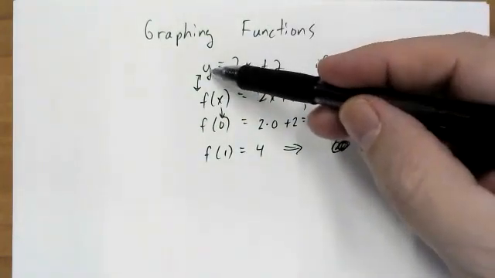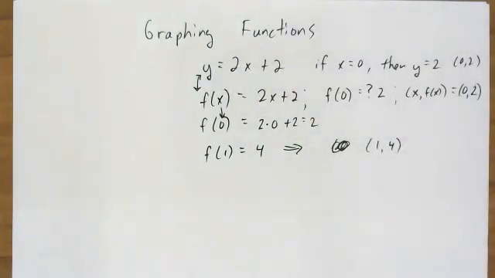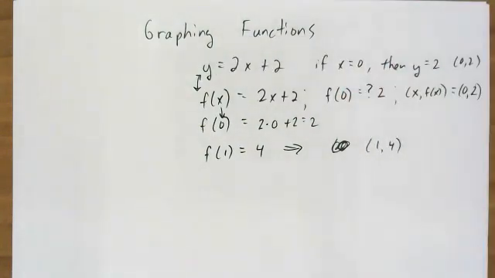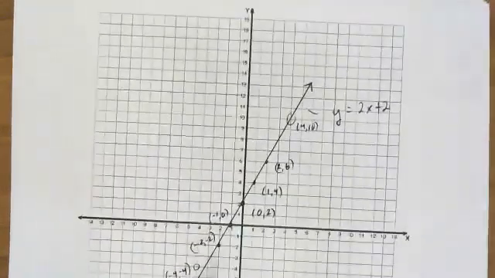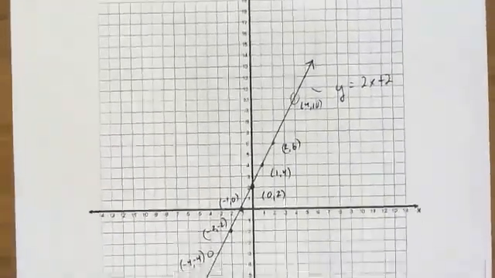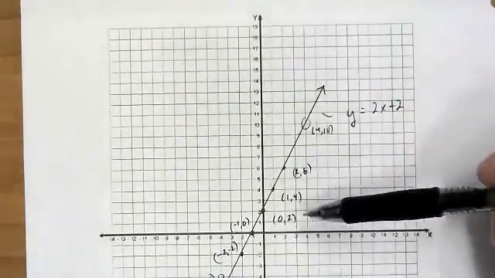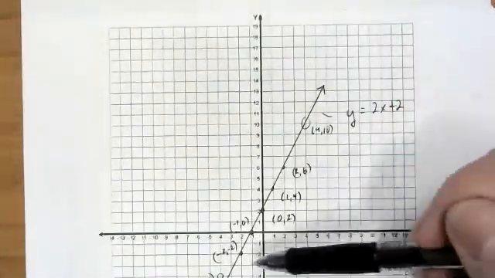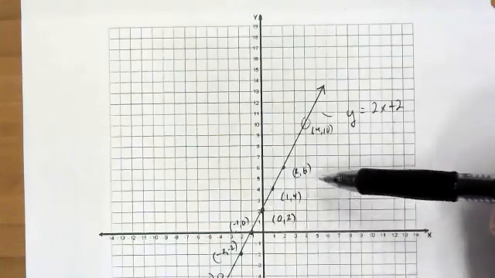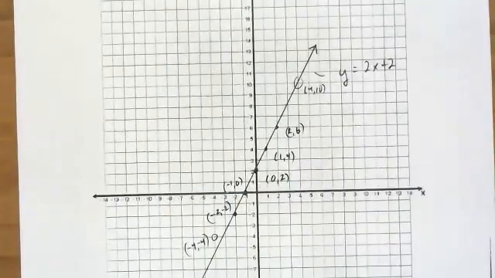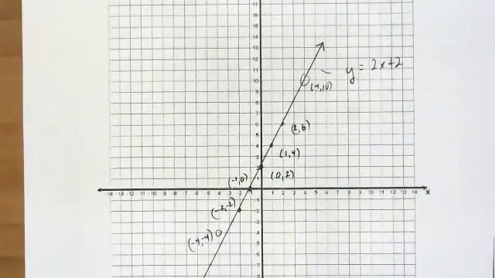So if we go back and I grab my old graph, when we created the data table of this equation, I created the graph right here, where this is my y-axis and this is my x-axis. Turns out we had, I think, 6 points to create this graph.